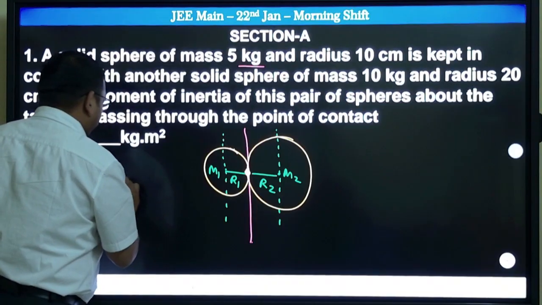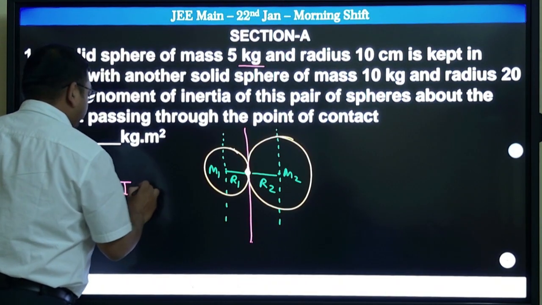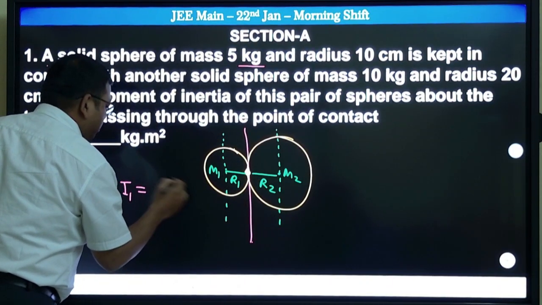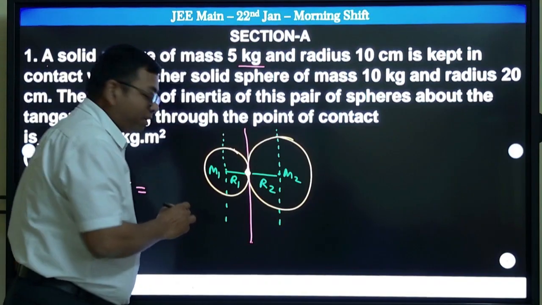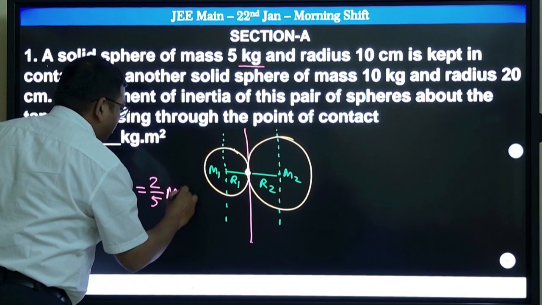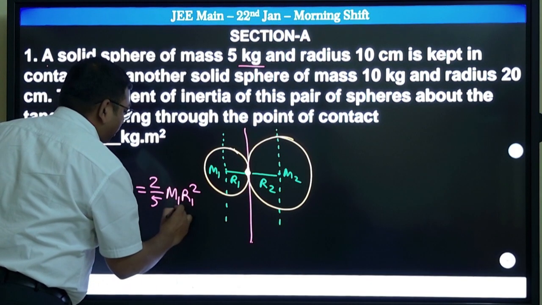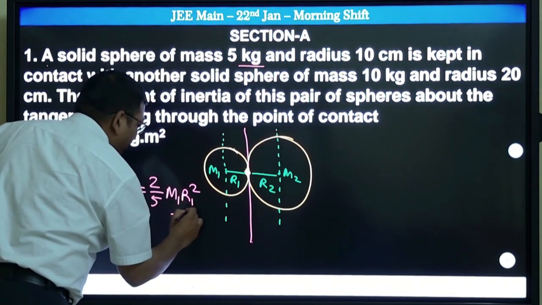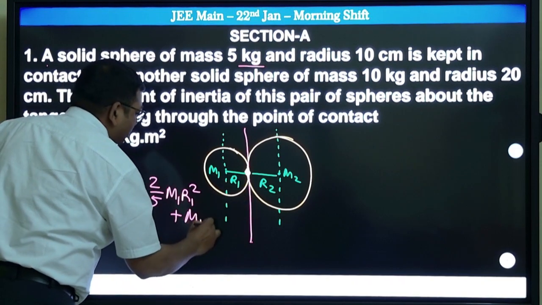So I1 let us calculate first for this one about this axis. So I center of mass, which is nothing but 2 by 5 m r square, right? 2 by 5 m1 r1 square plus m into distance square, right? So m1 into distance, this is nothing but r1 square.